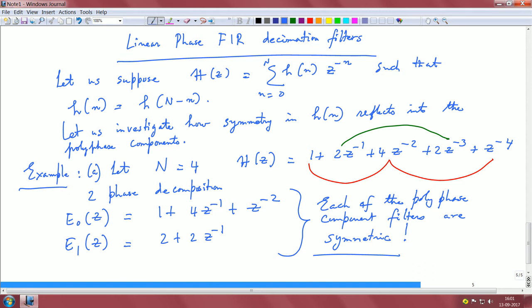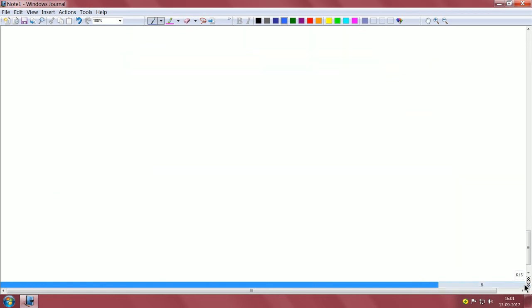And one can think about how you can exploit symmetry to do your filtering operations efficiently, right. Let us look at the other case, which is the odd case.